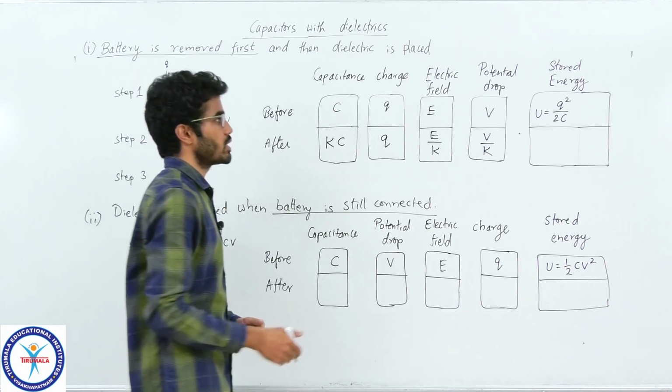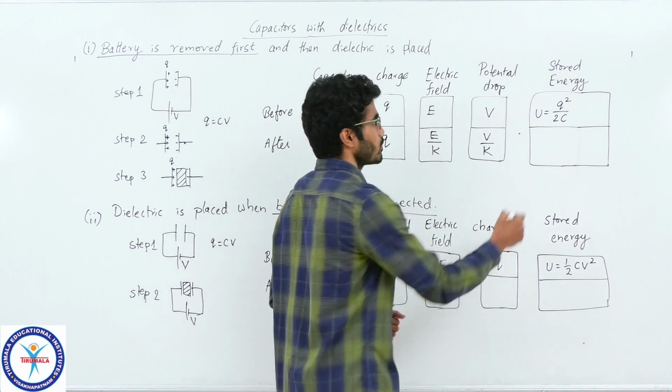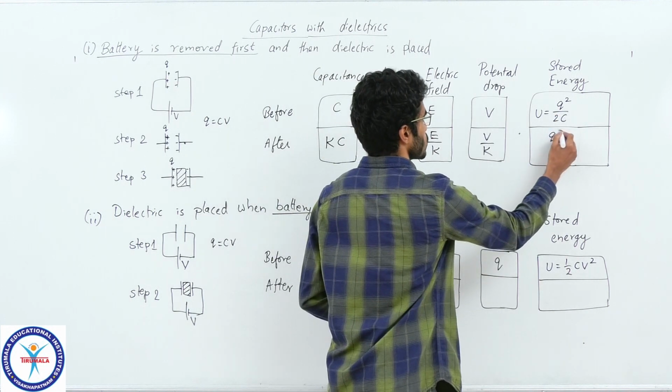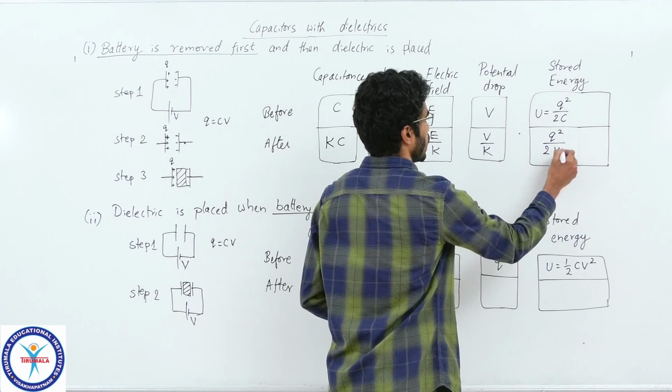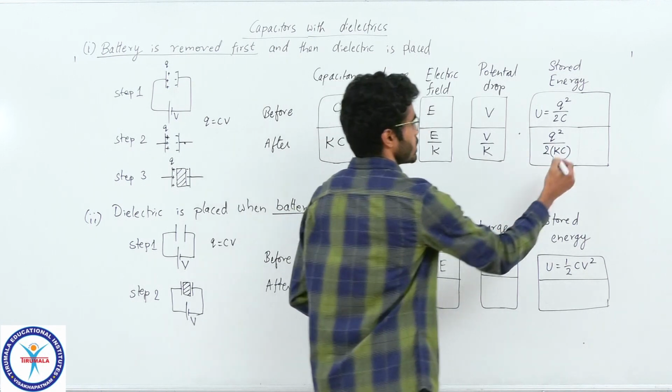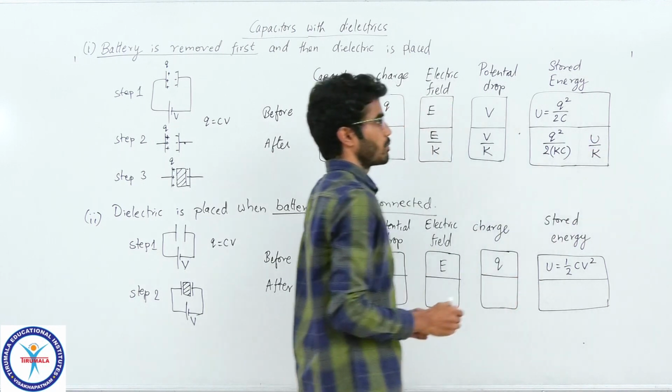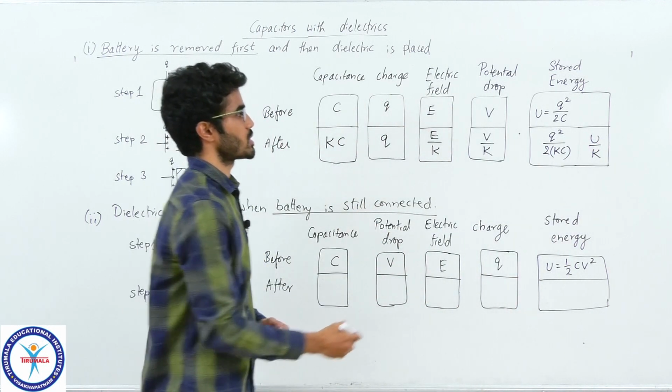Now what happens to stored energy? It is given by Q square by 2C. The Q remains unchanged, but the C is improved by K times. So it is Q square by 2KC. That means the new energy is U by K. It is reducing by K times.